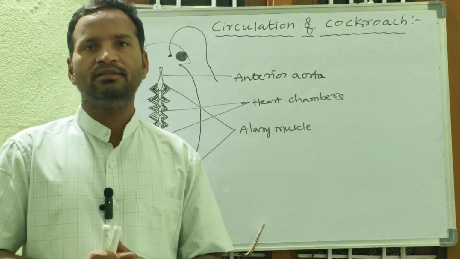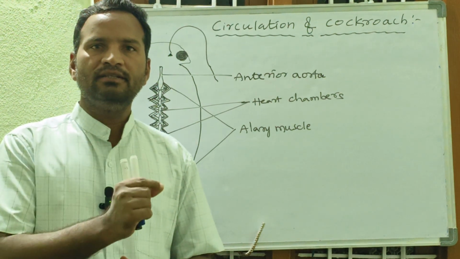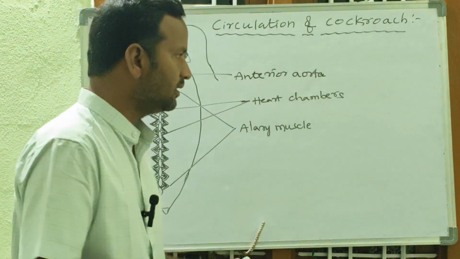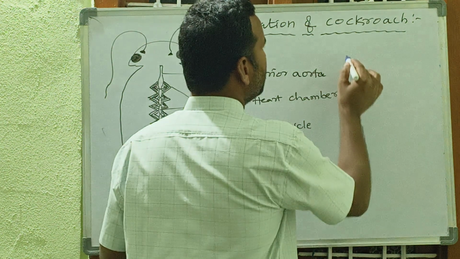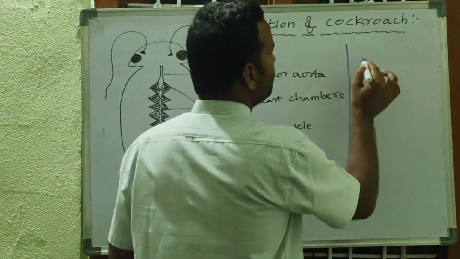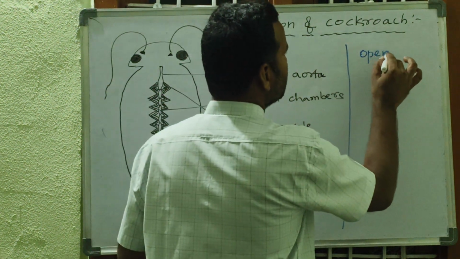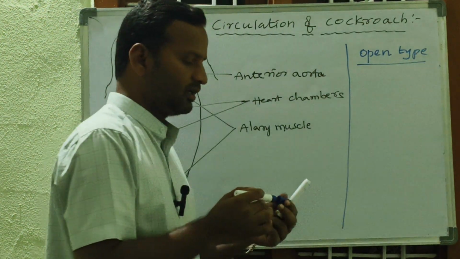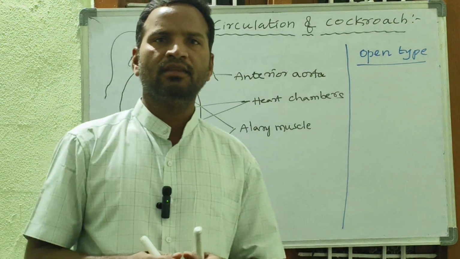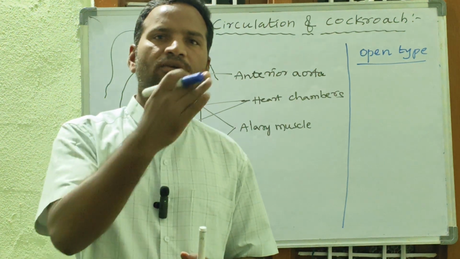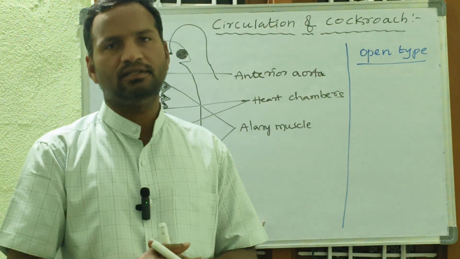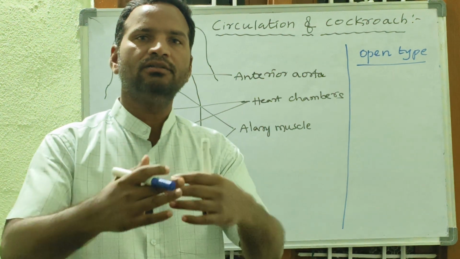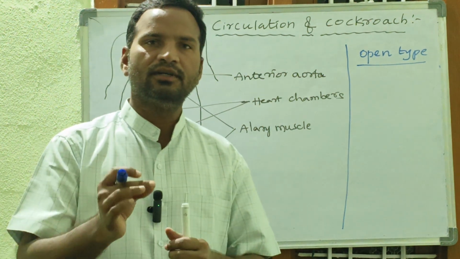Then the second one is that it is an open type of circulatory system. You know very well what an open type of circulatory system means. The blood is pumped out of the heart into the blood vessels. Then the blood vessels open into large spaces called sinuses.